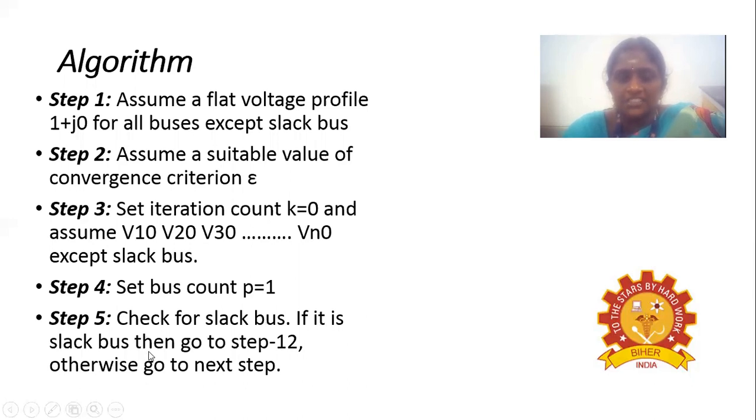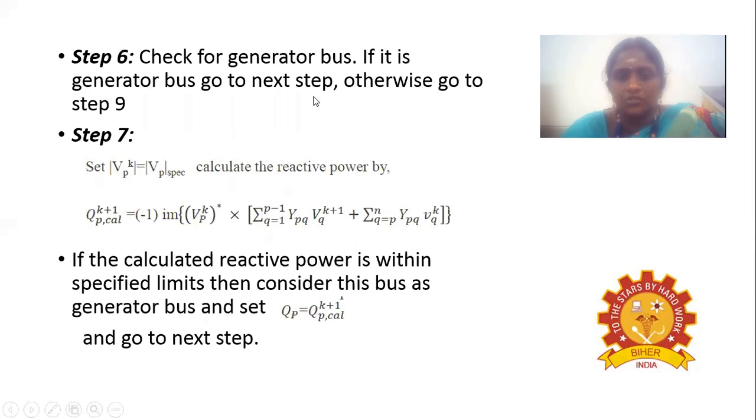If it is not a slack bus, you have to check whether it is a generator bus. If it is a generator bus, you have to follow step 7. Set VP(K) equal to VP specified. Here small p means bus count, and superscript K means the iteration count.